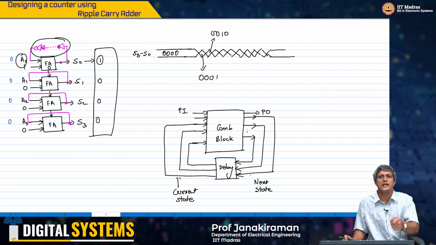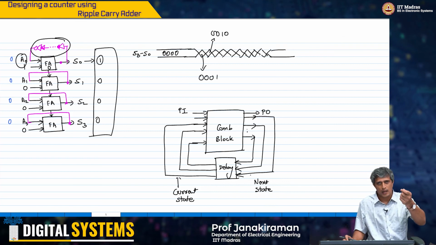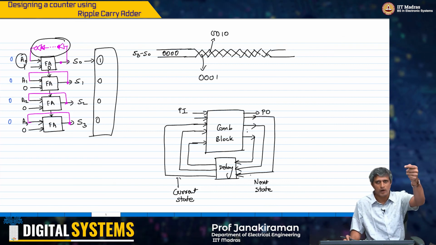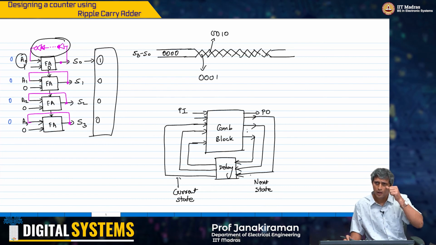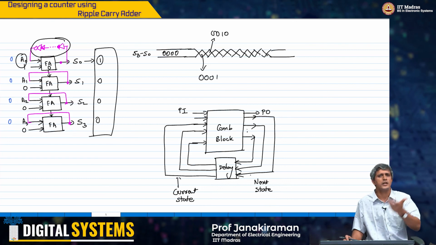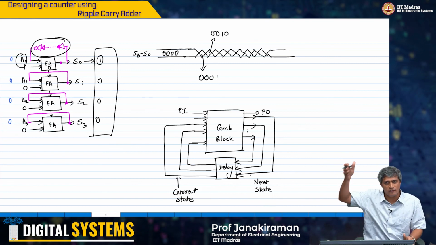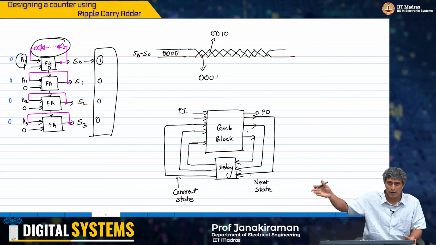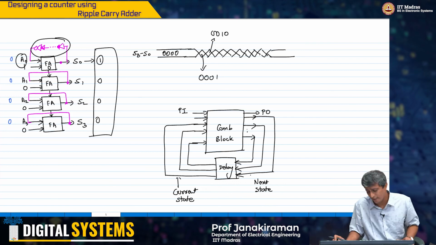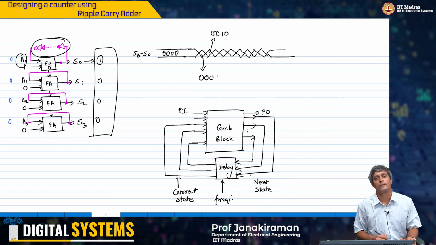But imagine your counter: I may want to make it count at 1 hertz, but elsewhere I may want to program it so that I can count at 2 hertz, 100 hertz, 1 kilohertz, it doesn't matter. Effectively, I want it to do the same thing, but at different frequencies. Therefore, I need control over frequency.